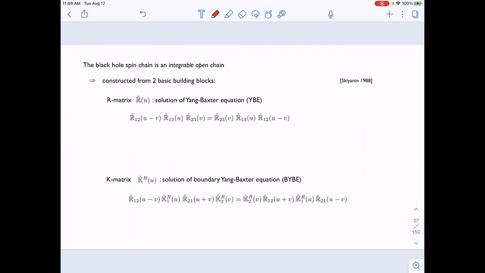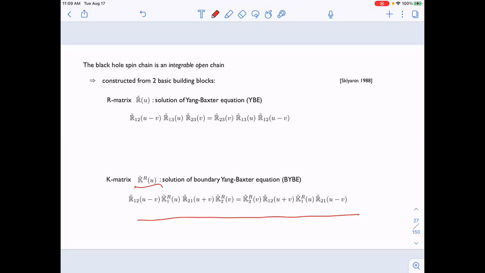And then in addition, another basic building block is the so-called K matrix, this guy here. So again, I use this Baroque notation, blackboard font and with a tilde. And it satisfies the boundary Yang-Baxter equation written here. And there's actually two of them, a right and a left.